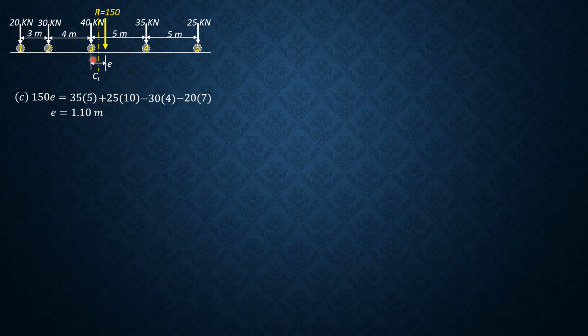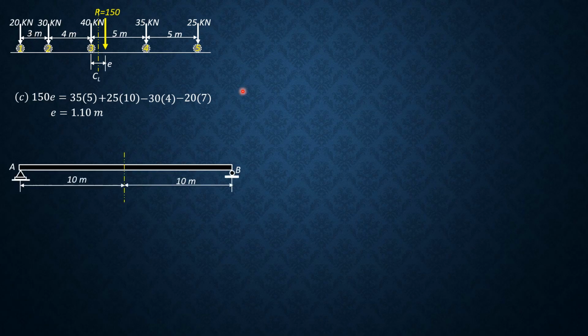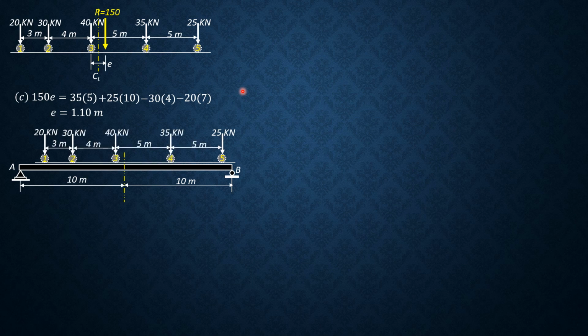So let's now position load 3, wheel 3, and R and the loads on the span to give us a clear picture. The distance of wheel 3 from A is 10 minus half of E, 10 minus 0.55, so 9.45.